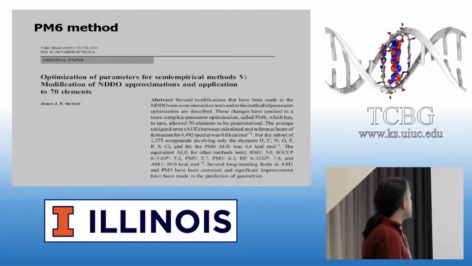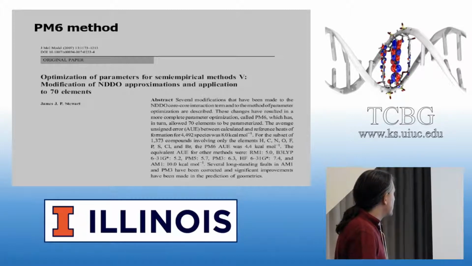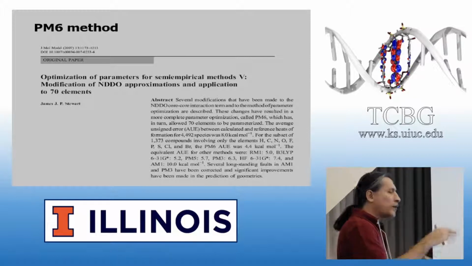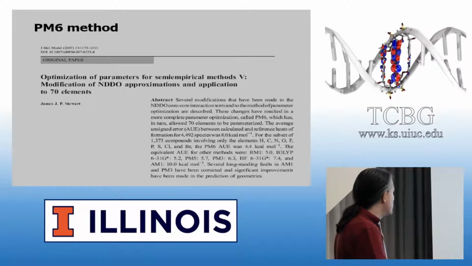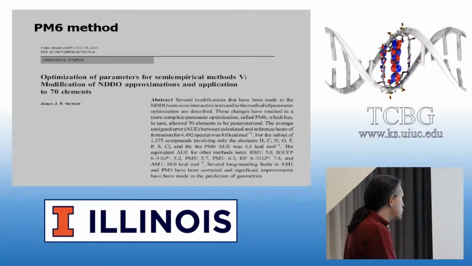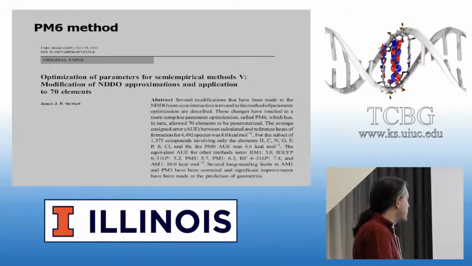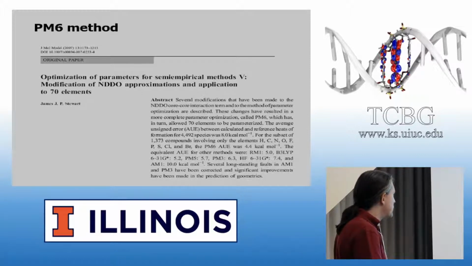Well, the next semi-empirical method that I would like to show you is the PM6. The theory is almost the same as RM1 or AM1 or PM3, but the big difference is that PM6 is parameterized for 70 elements.